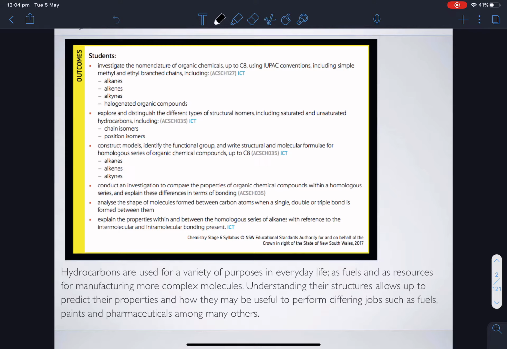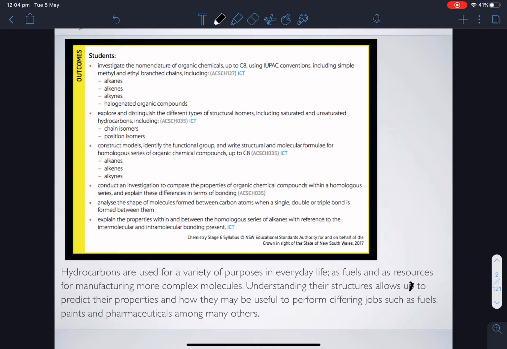Let's read it. Hydrocarbons are used for a variety of purposes in everyday life, as fuels and as resources for manufacturing more complex molecules. Understanding their structures allows us to predict the properties and how they may be useful to perform differing jobs such as fuels, paints, pharmaceuticals, among many others.